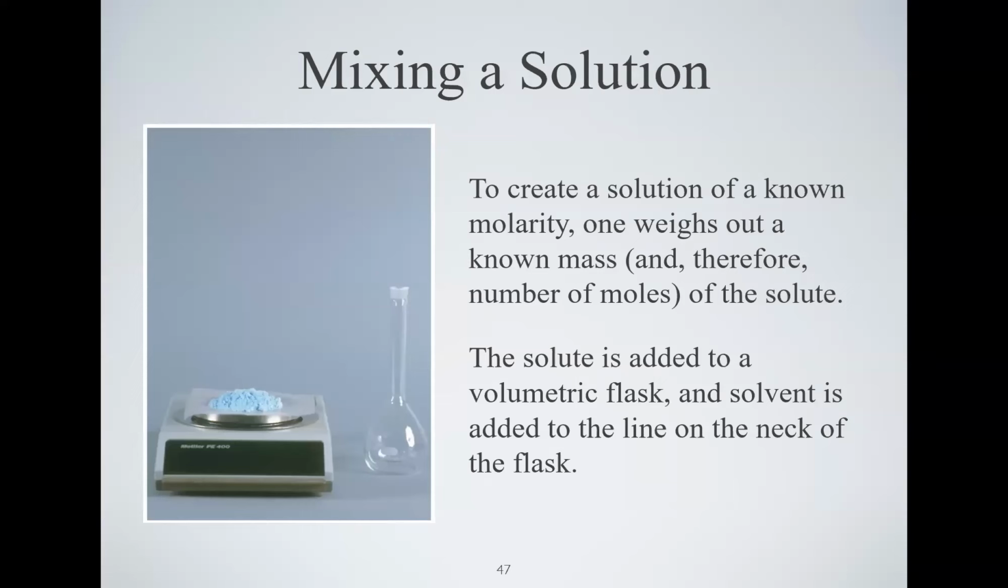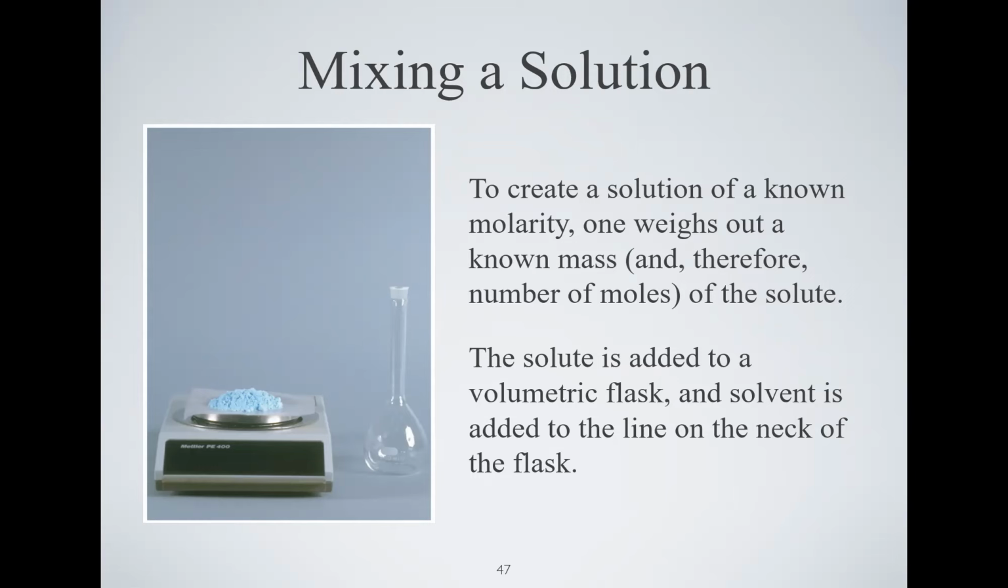And then with this, we can figure out how we're going to make a solution. And we're going to see 2 different ways we can make that solution. One of them is by taking the solid solute and dissolving it in water, or whatever that solvent's going to be. And the other is using an already prepared solution to make a more dilute one.